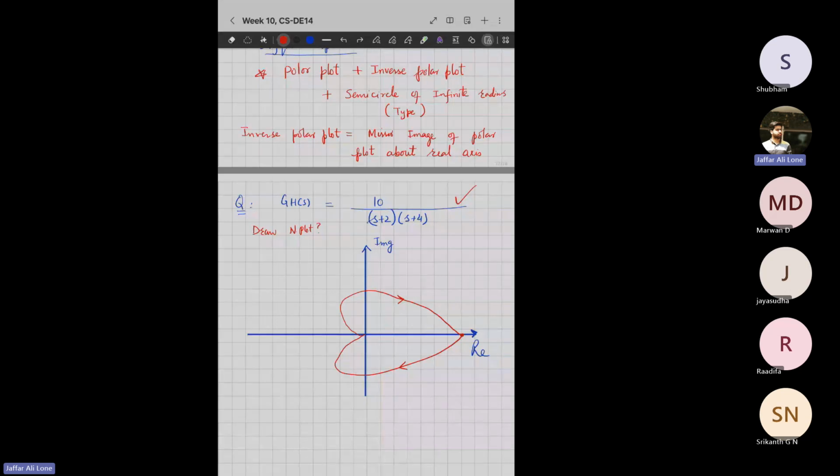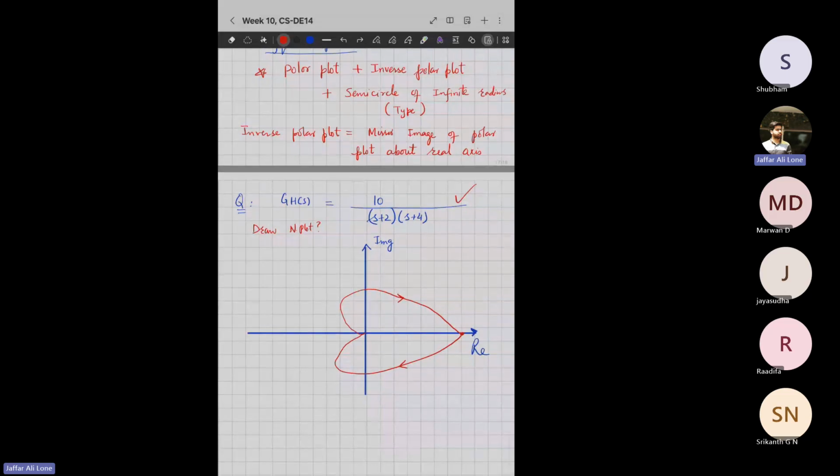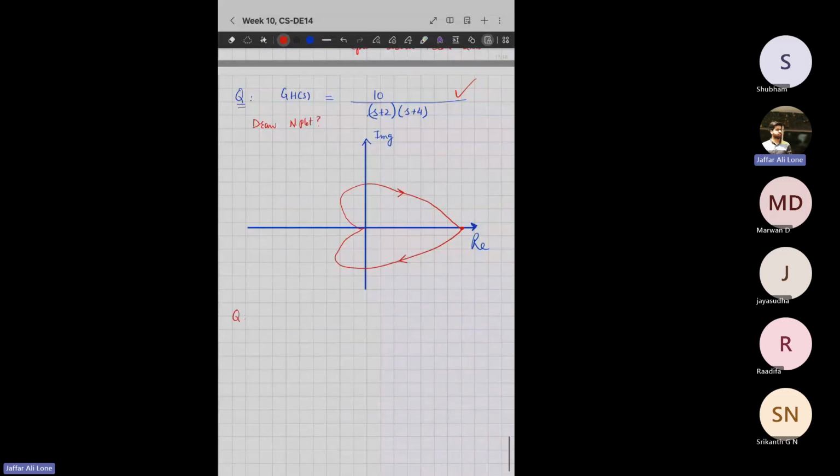Now let's do the same problem. Let's make it a GH. Let's make it type 3. Sorry, let's make it type 1. So 10 divided by s into (s plus 2) into (s plus 4).